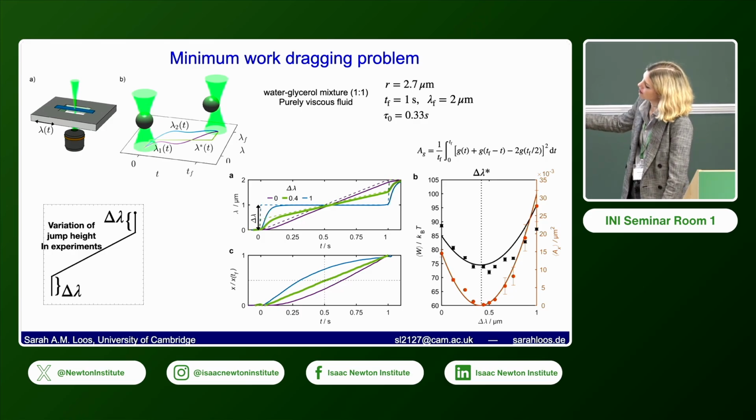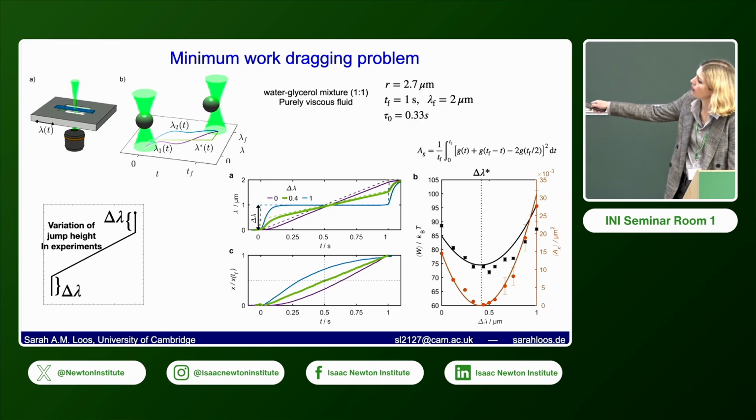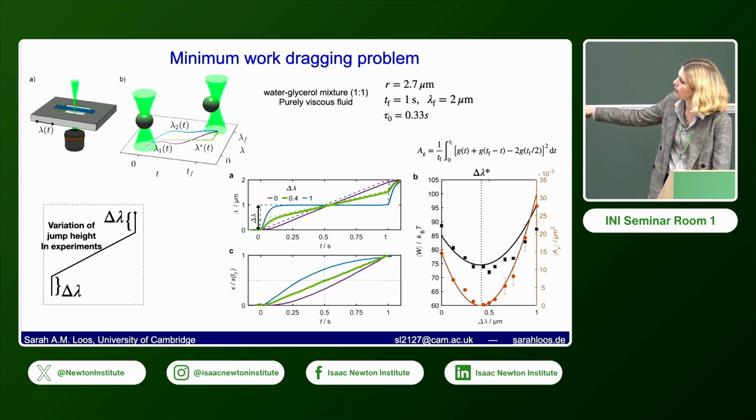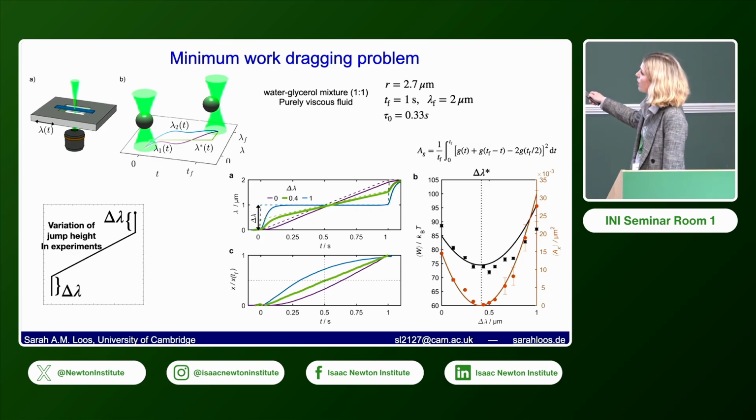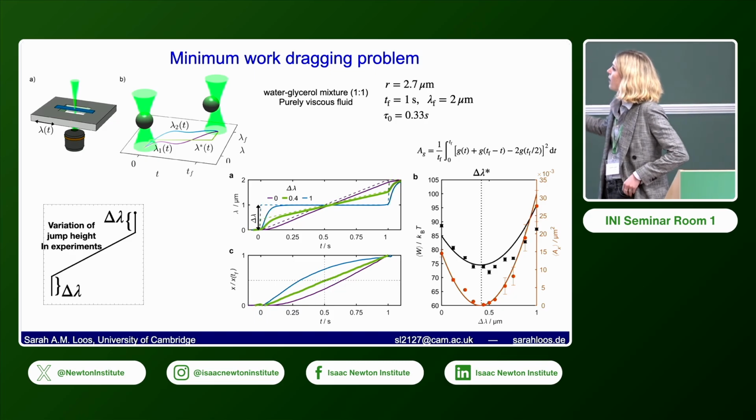And what they did is they varied the protocol, they varied the jump height, but kept the shape of the protocol. And here what we see is that the minimum work is really spent at the jump height that comes out of the prediction. So everything works quite well.